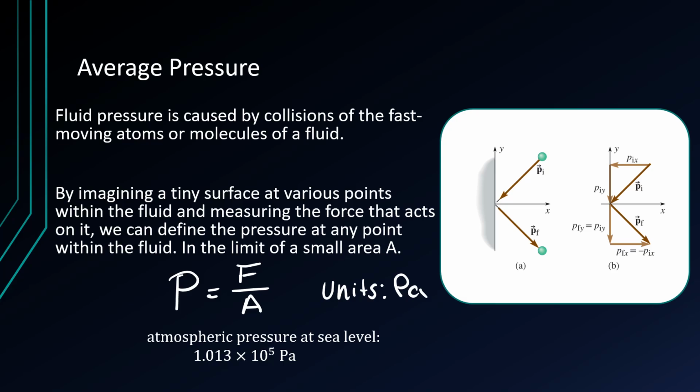And if we calculate the total force over the area, we get pressure. And pressure has units of pascals. Sometimes you will need to use atmospheric pressure, right? If something is open to the atmosphere, that is 1.013 times 10 to the fifth pascals, or 1 atm.